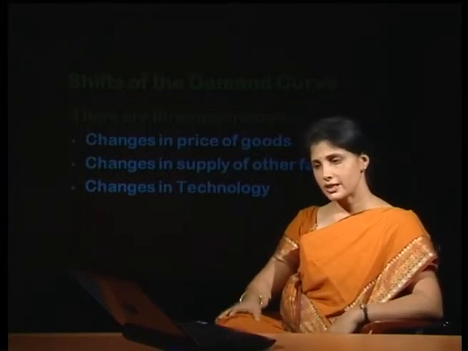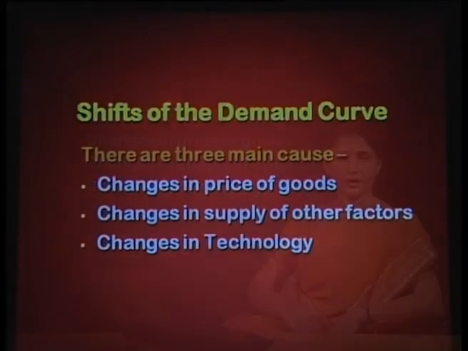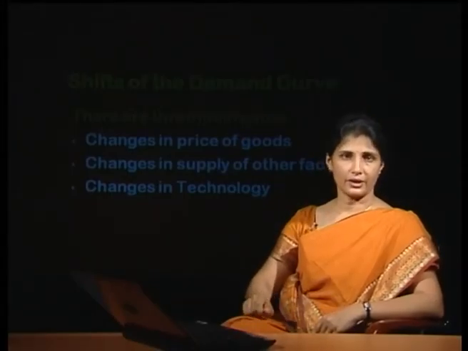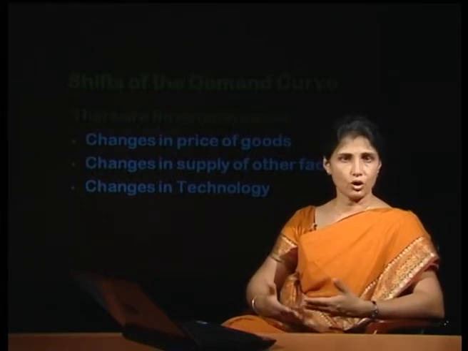And the third case is changes in technology. Another important part, because whenever technology changes, the entire production function which we talked about will also shift in an upward or downward direction depending on the level of technology.